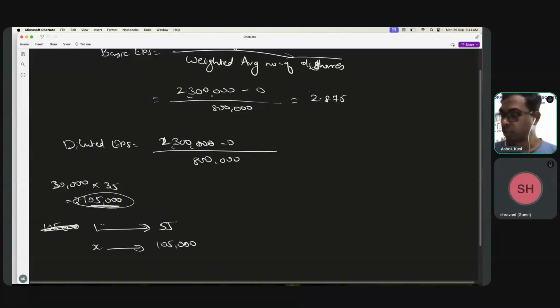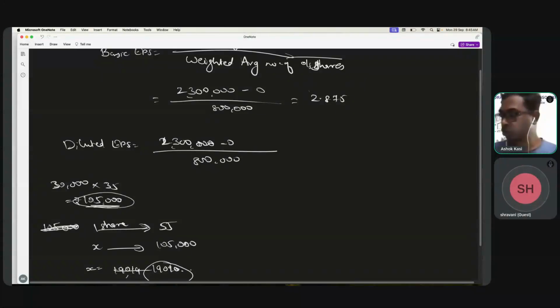So how many shares will you be able to buy back from the market? Just calculate this, cross multiply. 19,019. So this many shares, I will buy back from the market.